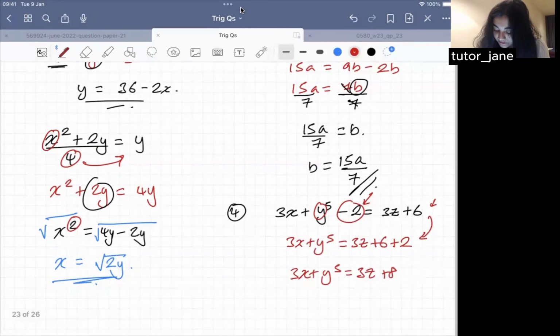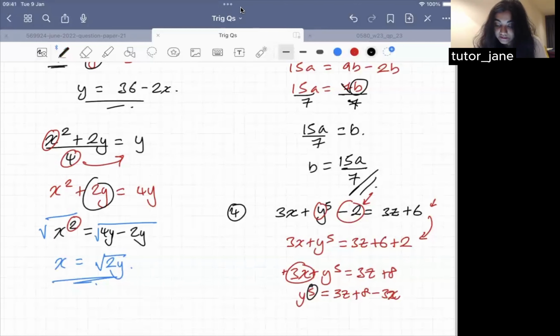Great. And now we're going to get rid of this 3x by taking it away from both sides, because it's currently a positive 3x. So we're going to get y to the power of 5 plus 3x minus 3x, which cancels out, equals 3z plus 8 minus 3x. Cool. And now we're going to get rid of this power here because we want the y on its own.